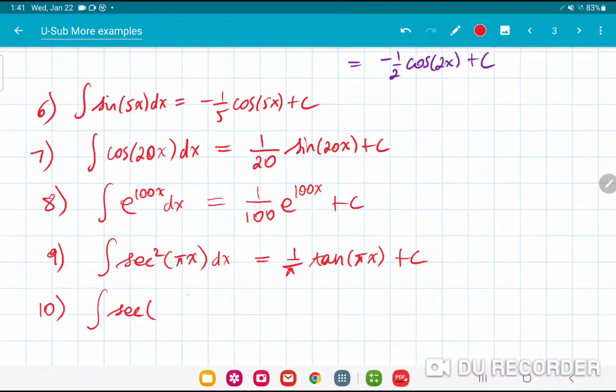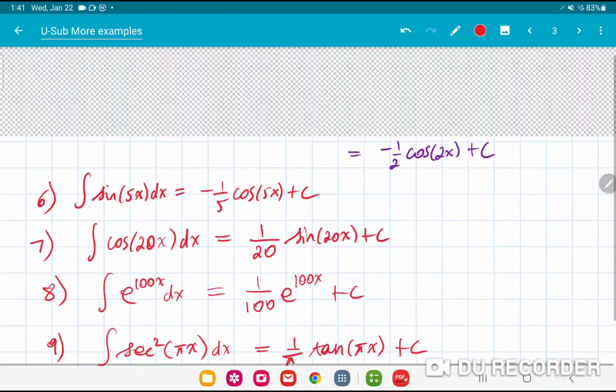So if I have secant of 5x times tangent of 5x dx, this is more like a 5x in place of x of secant of u tangent of u kind of problem. The integral of secant u tan u is secant of u, so I have 1 over 5 secant of 5x plus c as the integral.